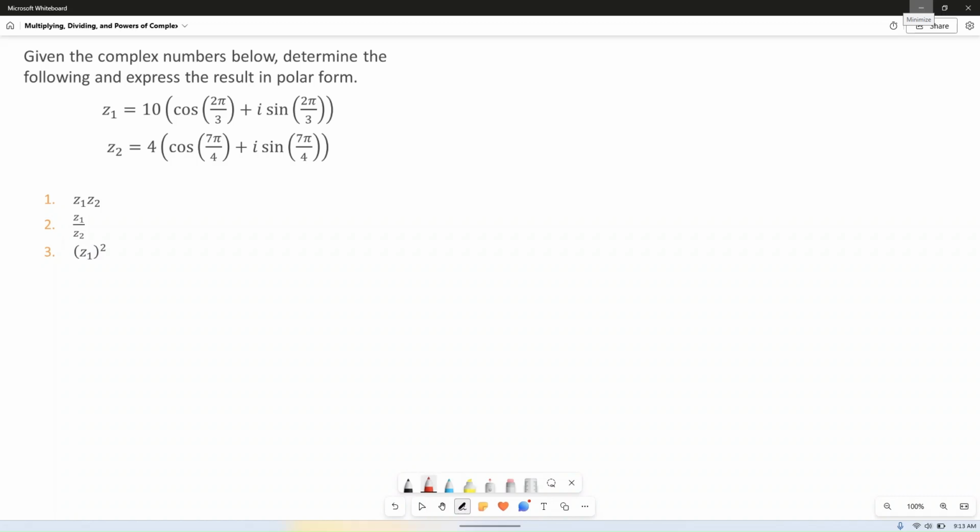If we are multiplying two complex numbers, so we could just say z1 times z2, then you're going to multiply their radiuses, so r1 times r2, and then you're going to have the cosine of the sum of their angles, so theta 1 plus theta 2, and then plus i sine of the same thing, theta 1 plus theta 2.